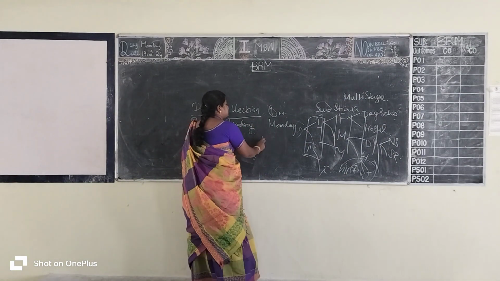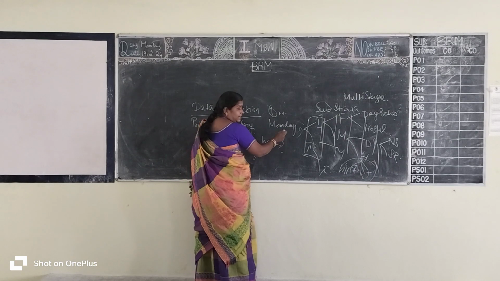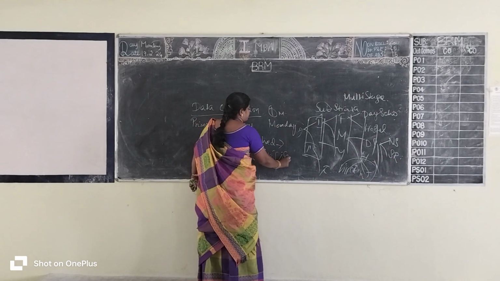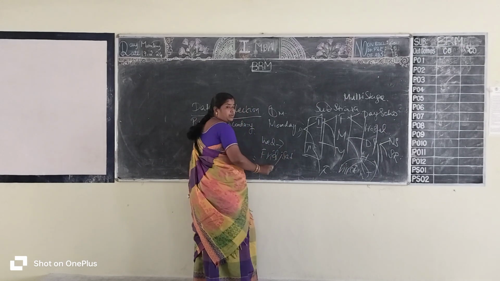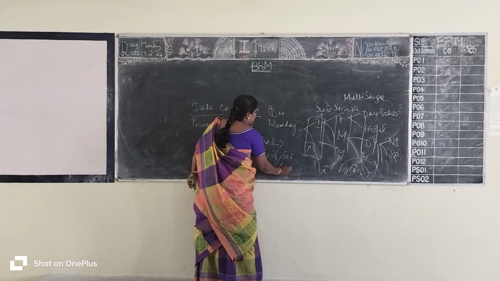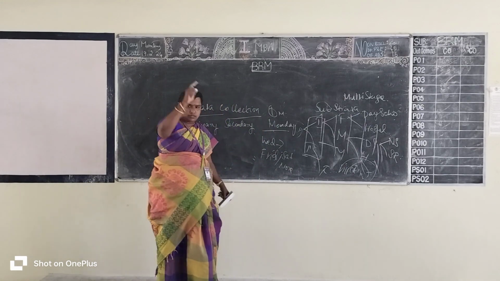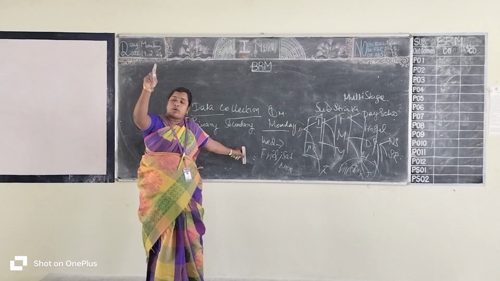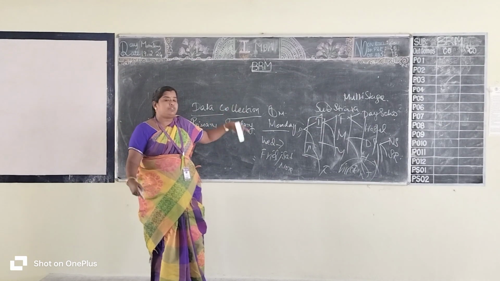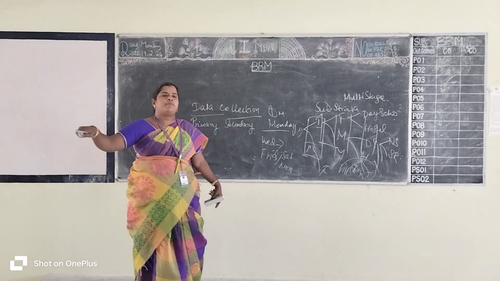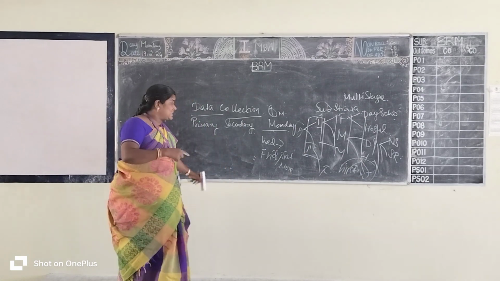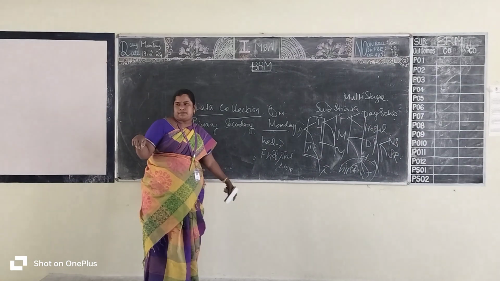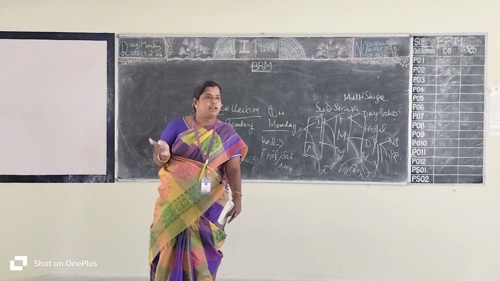Tuesday, Wednesday, moderate absence. Friday, Saturday, more absence. This is day-wise analysis. I can take one month, from day 1 to day 29, and see how many persons have taken leave, whether the same person has taken leave or a new person has come. So I can conduct a statistical analysis.